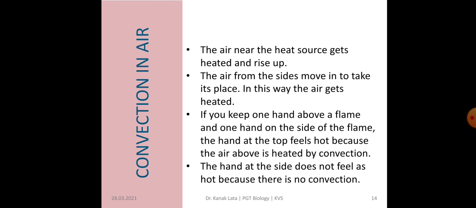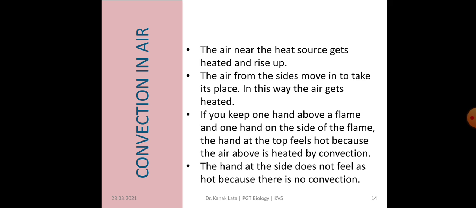If you keep one hand above the flame and one hand on the side of the flame, which hand will feel hot? The hand at the top feels hot because the air above it is heated by convection.